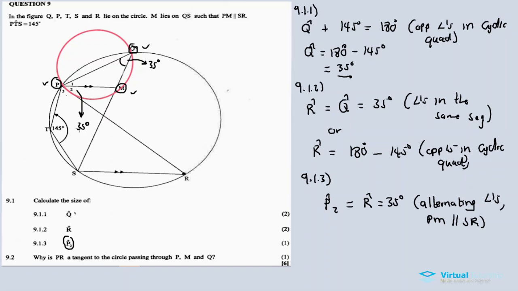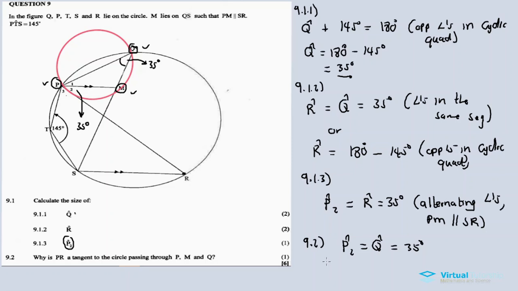Let's remember that. Okay, P2 and Q remind us of which theorem? I remember this theorem that says P2 and Q are equal. They are both equal to 35 degrees. I remember the tan chord theorem.